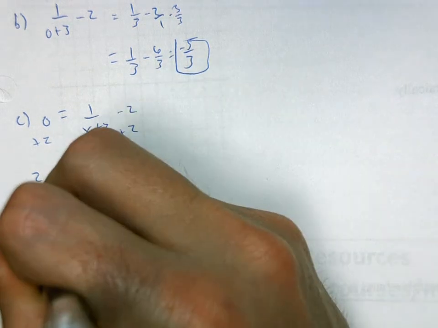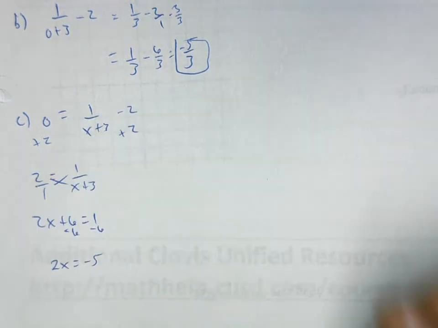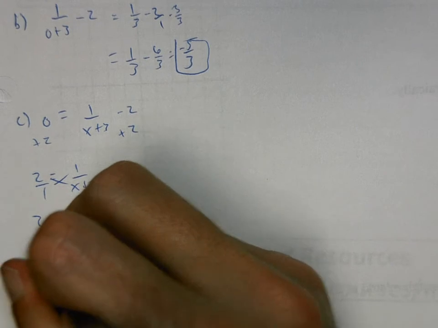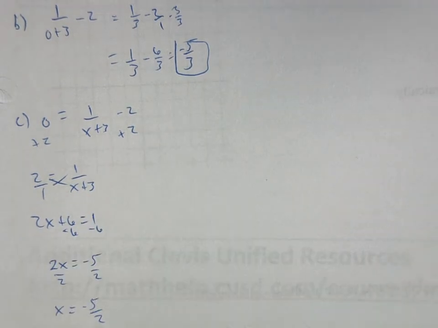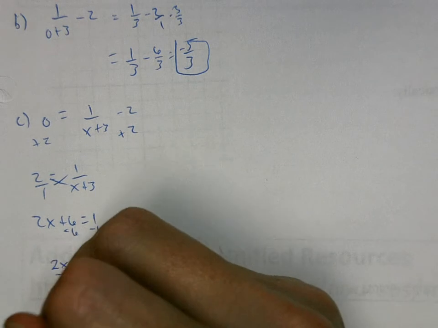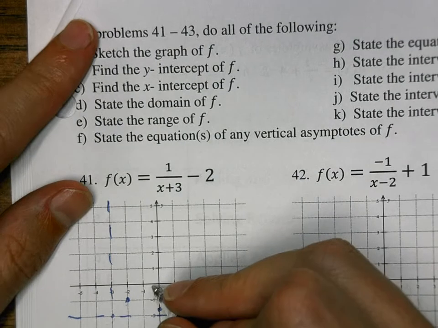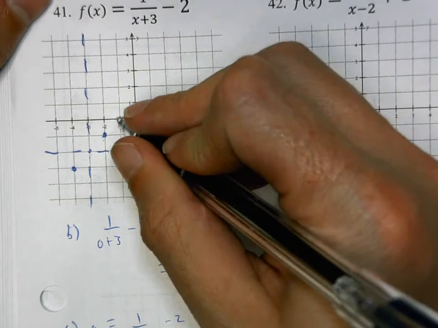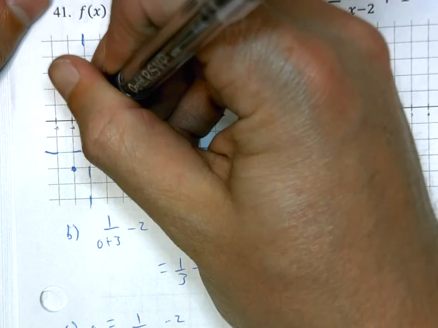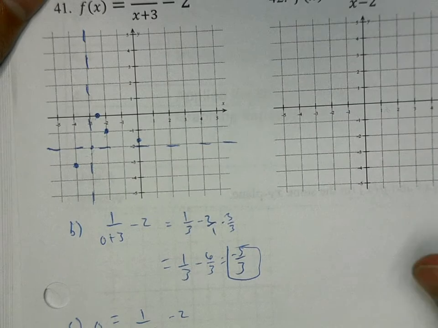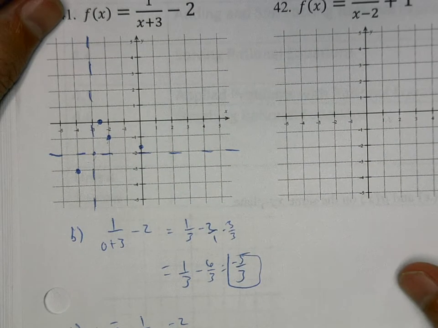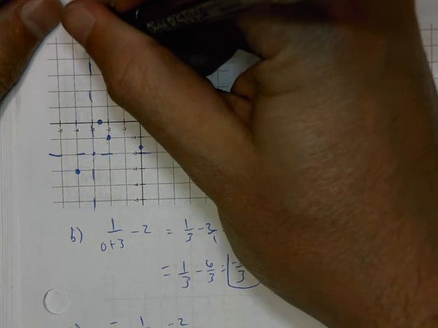And divide both sides by 2. x is negative 5/2. That is our x-intercept. So we go to negative 1/2, 2/2, 3/2, 4/2, 5/2. And the graph looks something like this.